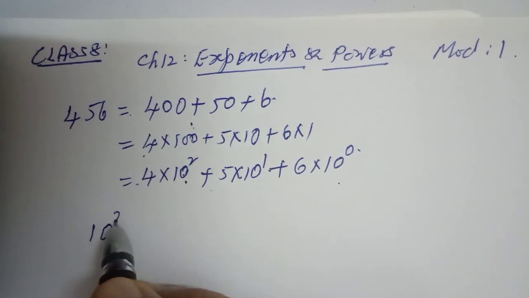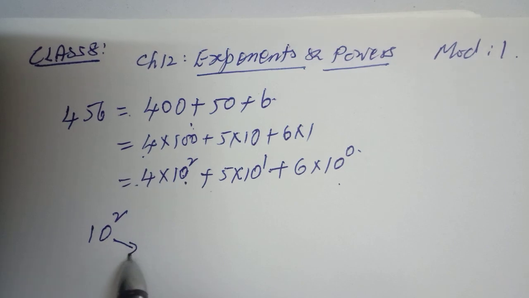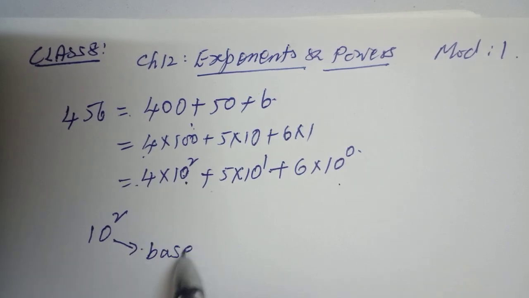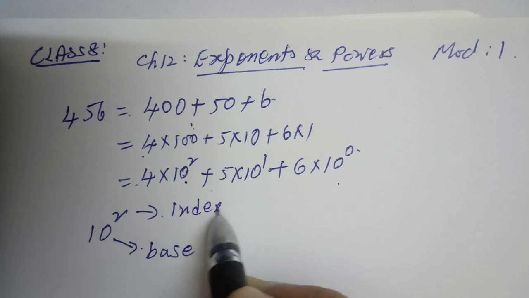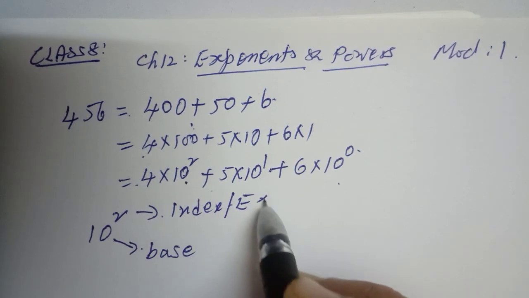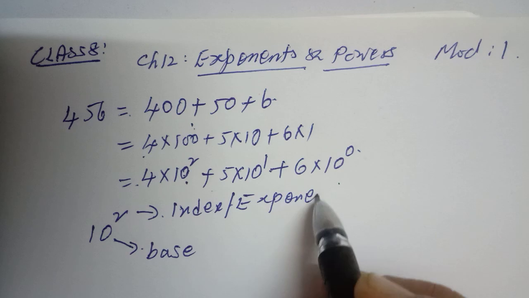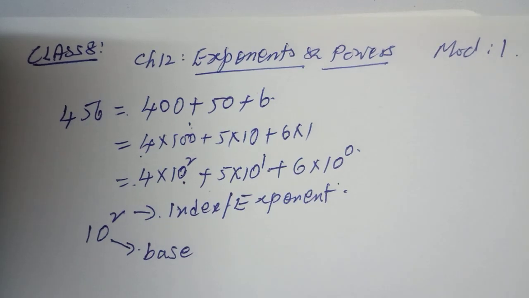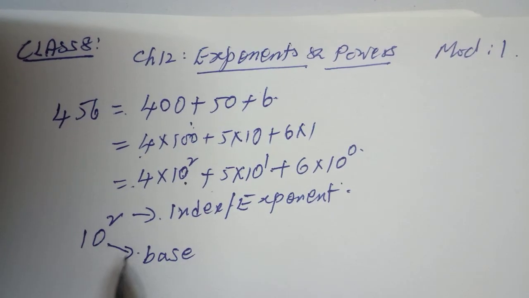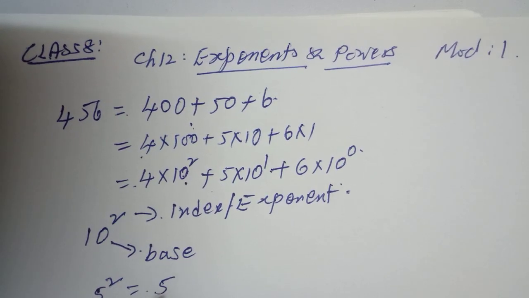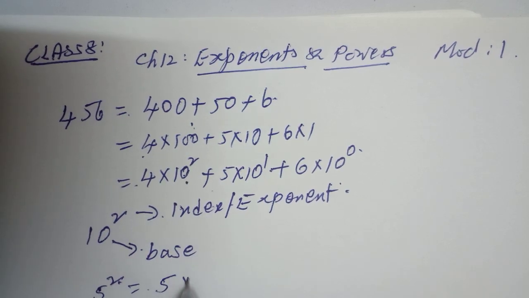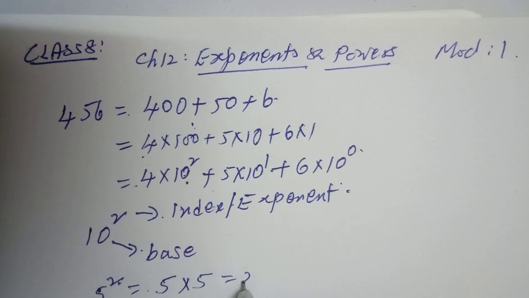Now let us understand clearly. In 10 square, 10 is called the base and 2 is called the index or exponent. When we say 5 square, that means the base 5 has to be multiplied how many times? Index times, so that is 2 times.